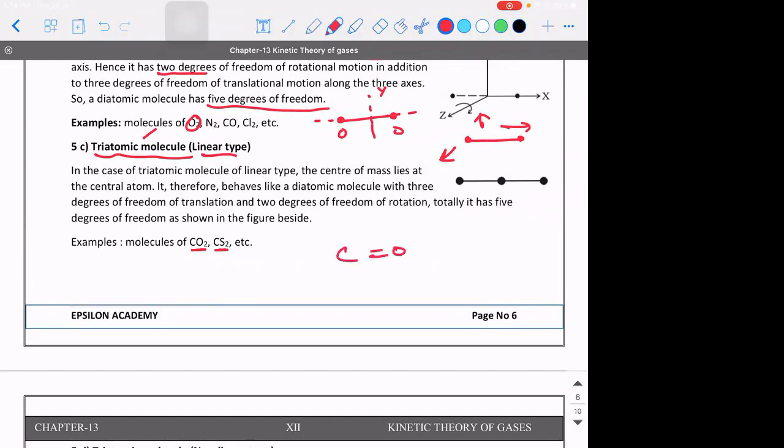So carbon dioxide, it is something like this. So it is triatomic, 3 atoms, and it has a linear structure. Means the bond angle here is 180 degrees.